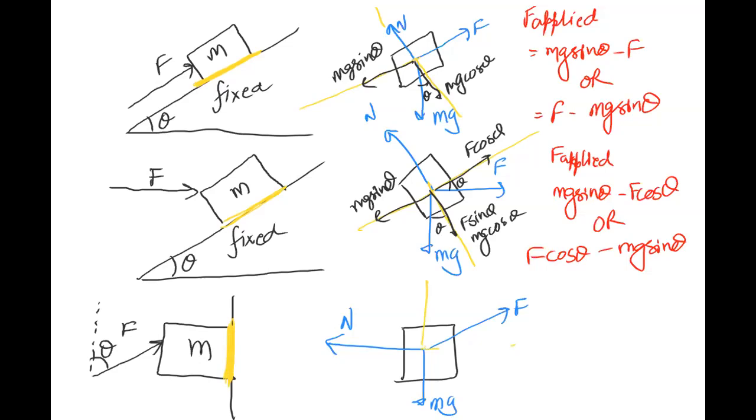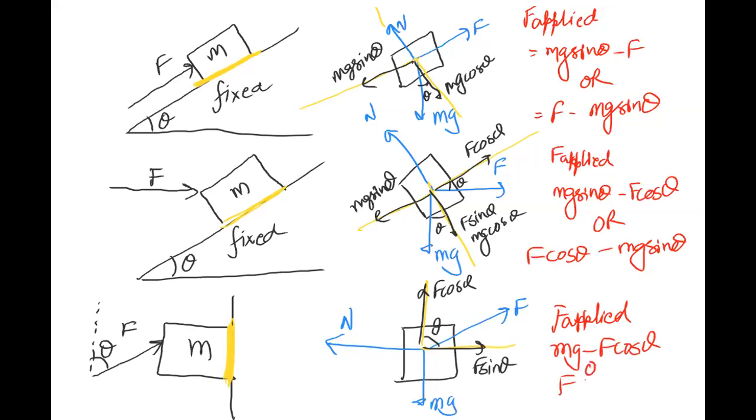So I have the angle of F with vertical is theta, F cos theta, F sine theta. So we have F applied is equal to mg minus F cos theta, or F cos theta minus mg. Right? Okay. चलो, ये आ गया सबको समझ में.